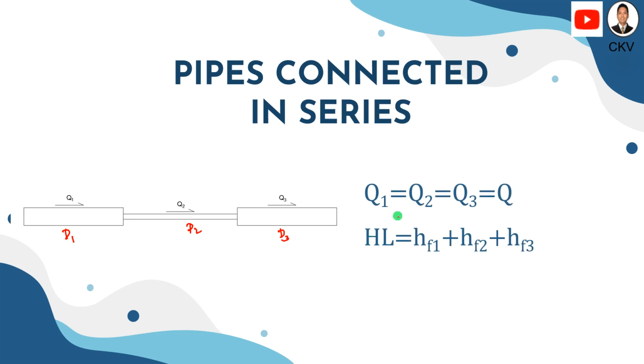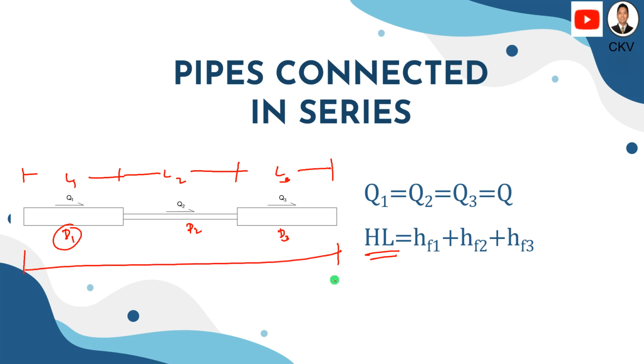As you can see here, in order for us to obtain the total head loss, since it has different dimensions, different lengths and diameters, it will give you different values of head losses. So it means that if we are going to determine the total head loss in this pipe series, we have to add all the head loss on each pipe using the formula we discussed earlier.